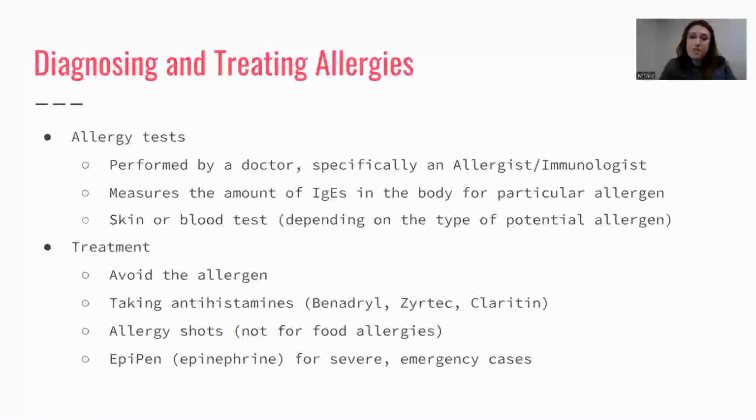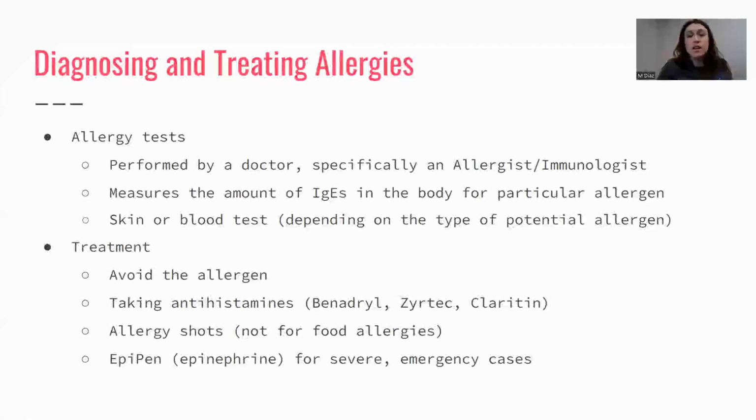Treatments with allergies, obviously the first one is to avoid the potential allergen. You could take antihistamines, especially for any kind of seasonal allergy, including Benadryl, Zyrtec, Claritin, Xyzal, different over-the-counter medications like that.